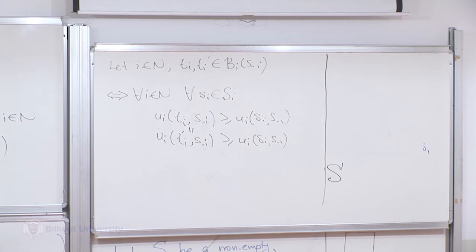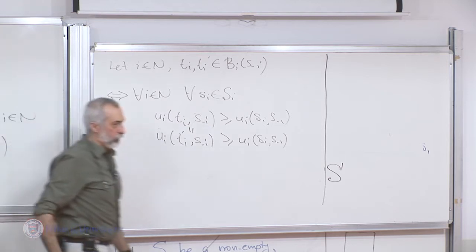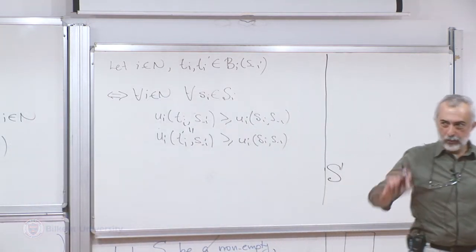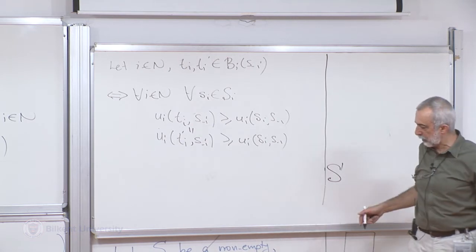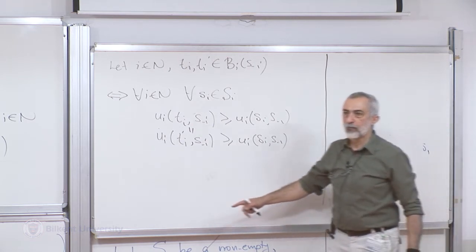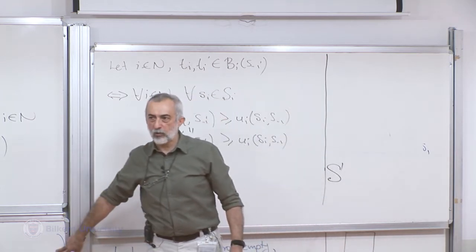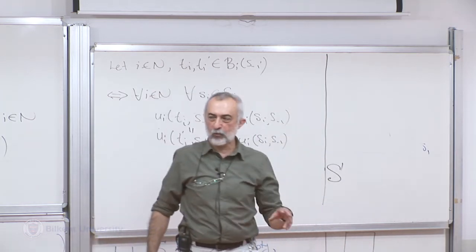Yes, sir. Same upper contour set. Well, yes, so you have the idea, but let's formalize it a little bit in a different way. The way we defined quasi-concavity, I said there are several ways to do it.